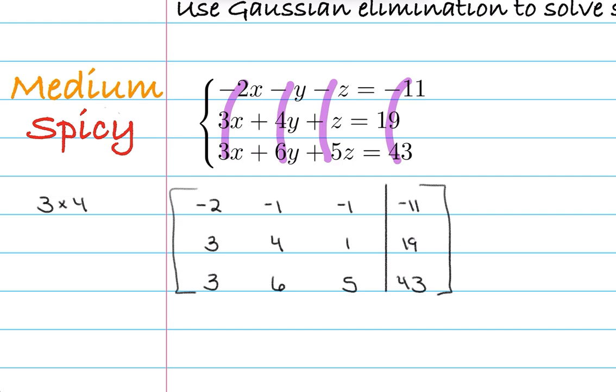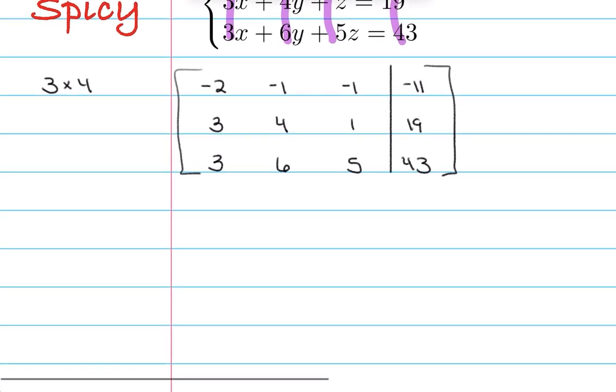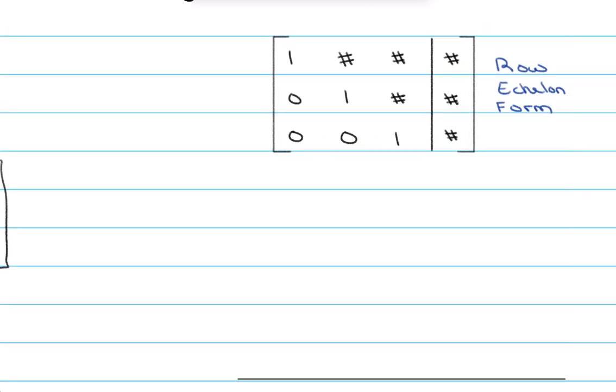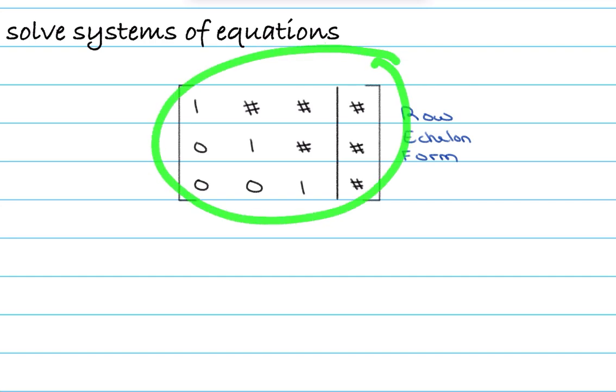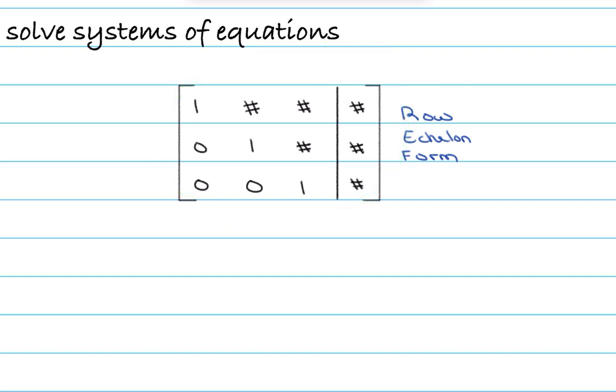Okay, so we are going to go in a very specific order. All right, I'm going to come over here and I'm going to show you. So remember, this is what we want to look like in the end, but the way we get there is an important order. Okay, so this guy is going to go first. We have to get him first, and then we're going to get the zeros underneath.